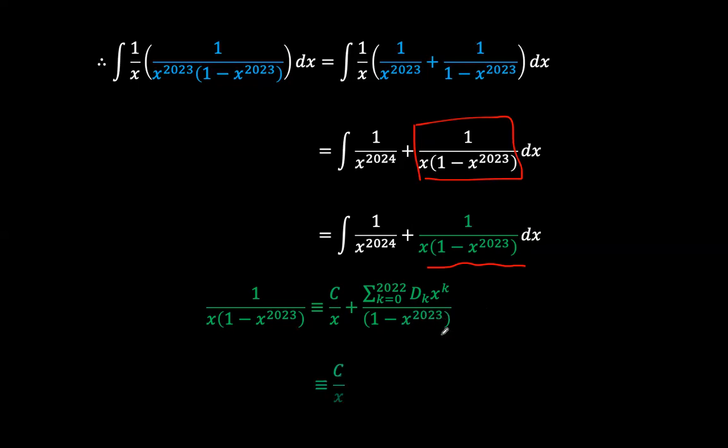So to write that in a more explicit fashion, we have c over x plus d0 plus d1x, d2x squared up to d2022 times x to the power 2022. So that's that.